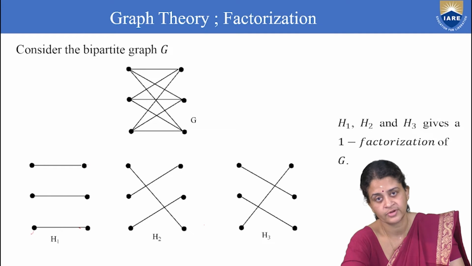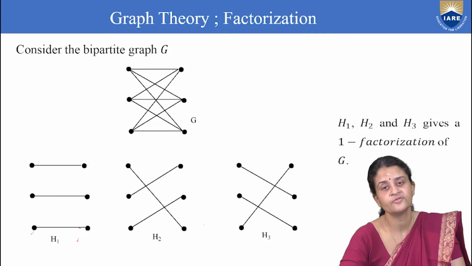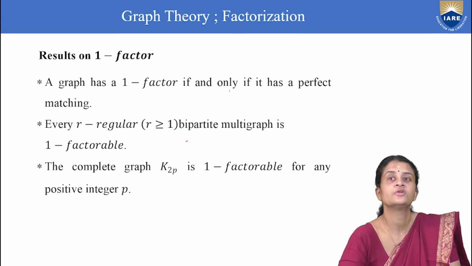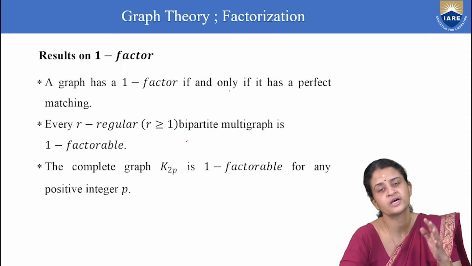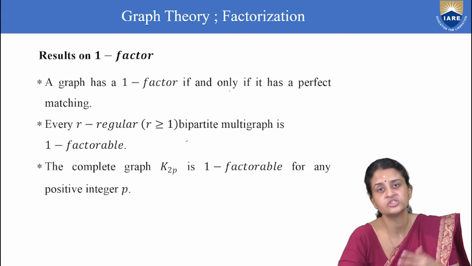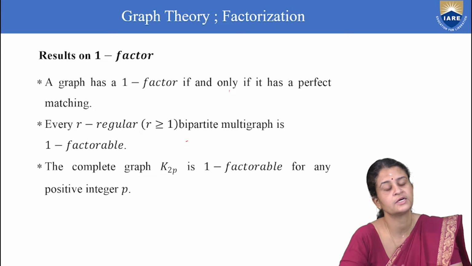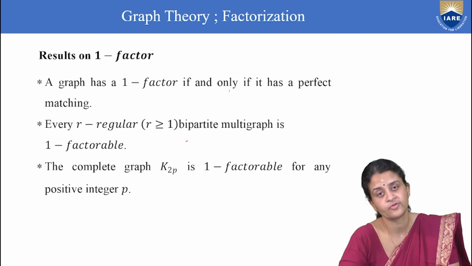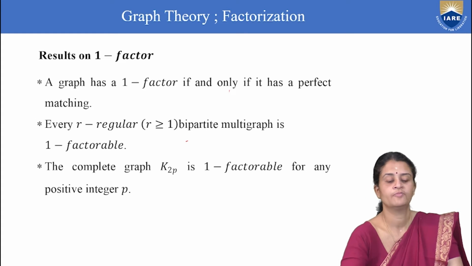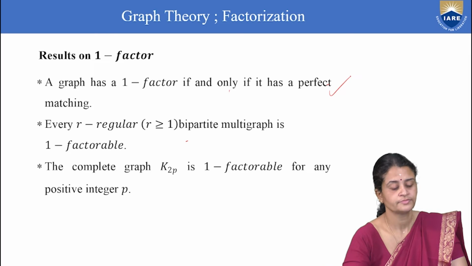So this is a perfect matching. A graph has a one-factor if and only if it has a perfect matching. That is, if a graph has a one-factor, then it has a perfect matching, and if a graph has a perfect matching, then it is a one-factor graph.